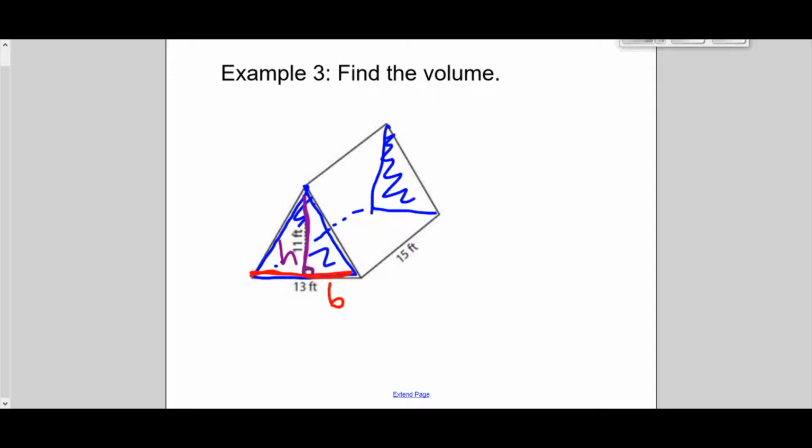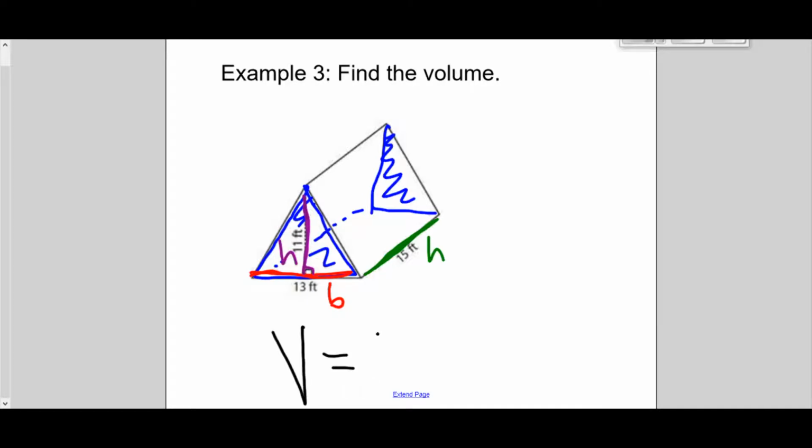And then the distance between those two triangles, remember, that's your height of the prism. So the height of the prism is 15 feet. So this is my extra height. So I'm going to use my volume formula.